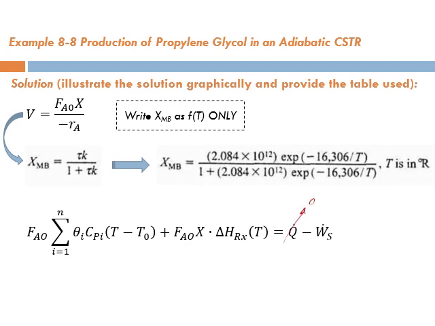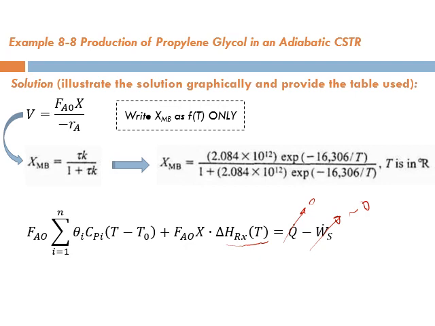We will assume negligible shaft work. Although it's a CSTR, we're adding work to the system by the movement of the shaft, but we're going to assume it negligible. And of course, what else? We need to calculate delta Cp, because delta H reaction is a function of T and delta Cp is not 0.